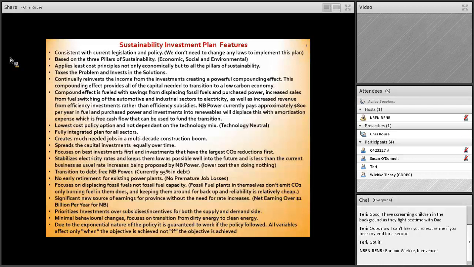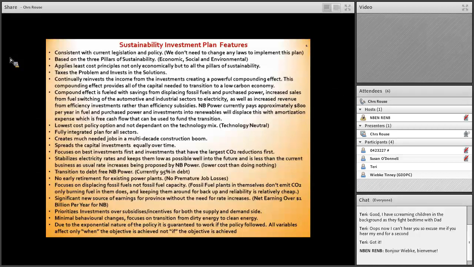So instead of shutting down the fossil fuel plants, it focuses on displacing fossil fuels, not fossil fuel capacity. Fossil fuel plants in themselves do not emit CO2, only burning fuel in them. And keeping them around for backup and reliability is relatively cheap. It's going to be a significant new source of earnings for the province without the need for rate increases.